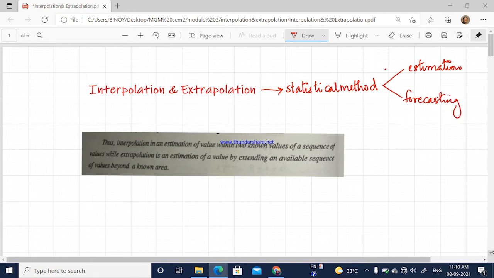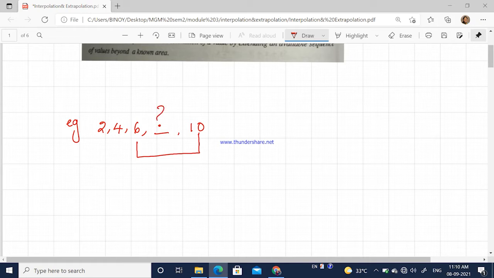Now, let's see what is interpolation and extrapolation. For example, consider a sequence 2, 4, 6. Then you're asked to find the value which lies between the two known values, that is 6 and 10. Let's find which sequence it goes in.